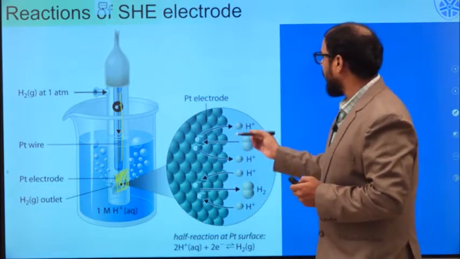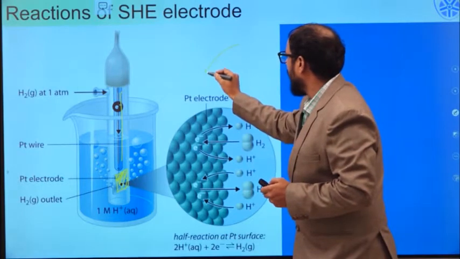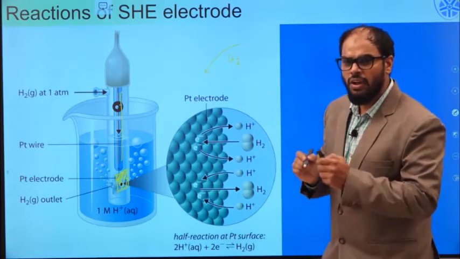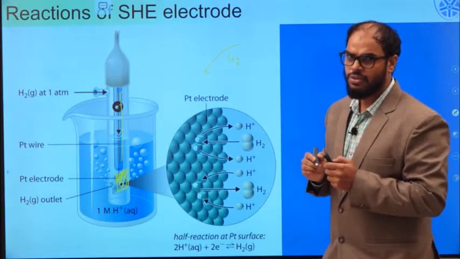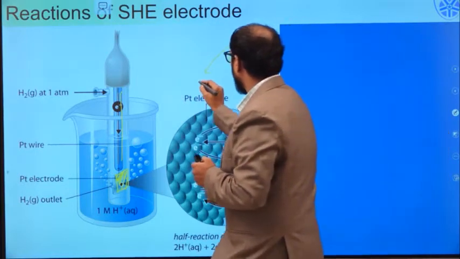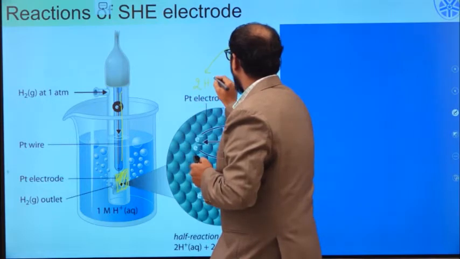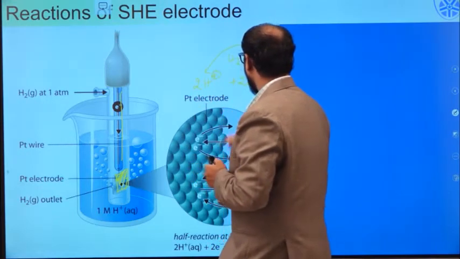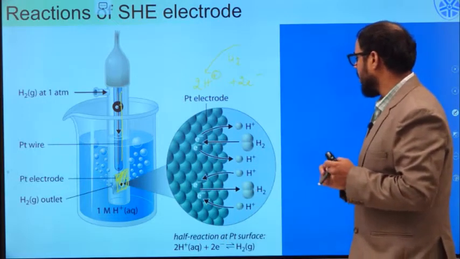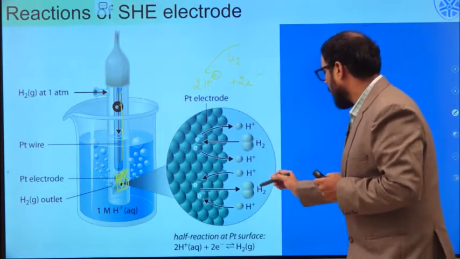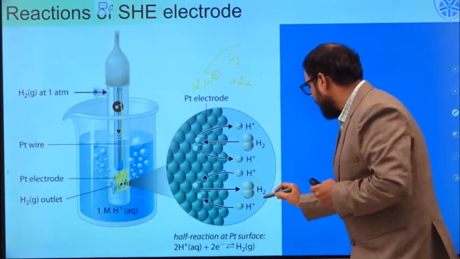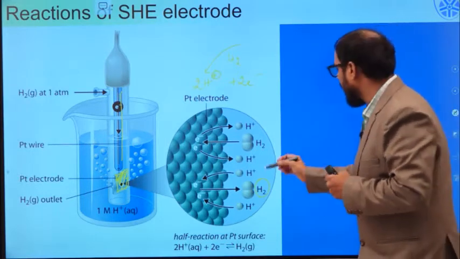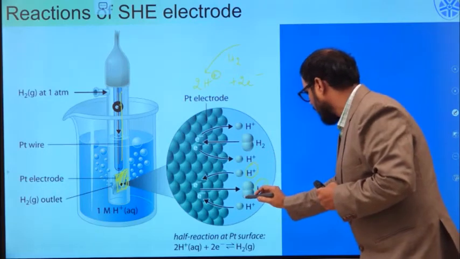Since we are purging hydrogen gas, if it undergoes oxidation, it is going to release 2 H plus ions plus 2 electrons. This we can see from here. We have hydrogen gas, and this hydrogen gas on undergoing oxidation will release H plus ions.